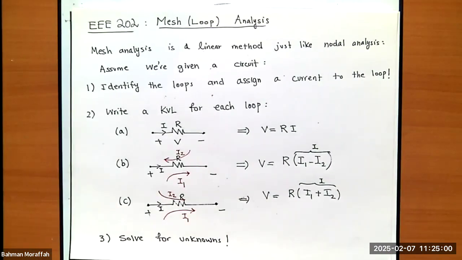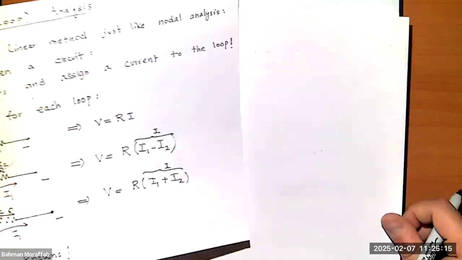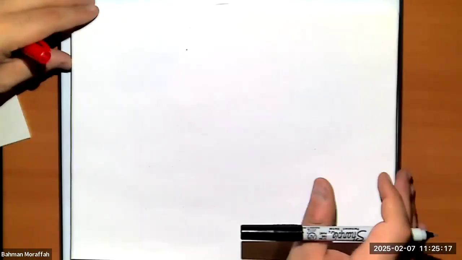Okay. The recipe is very simple. We're just going to write KVLs. So let's do an example to see how we can actually apply this. Example.